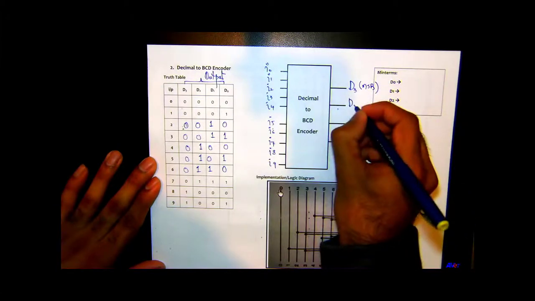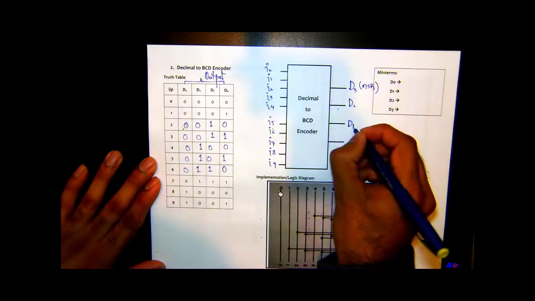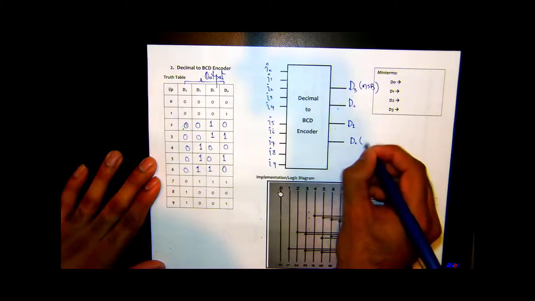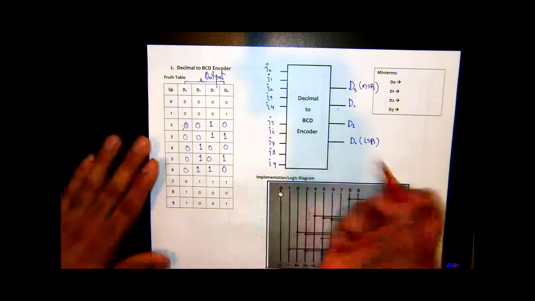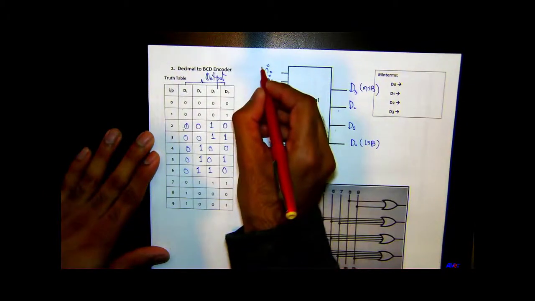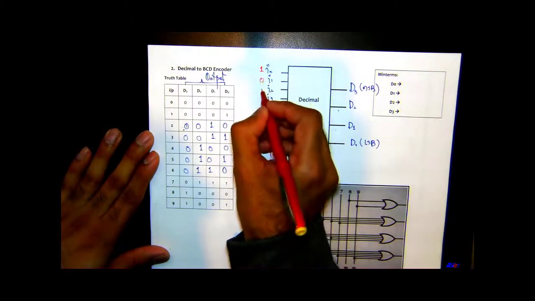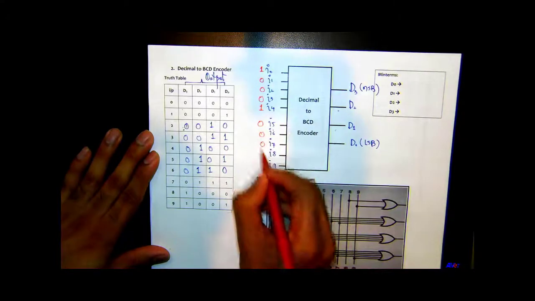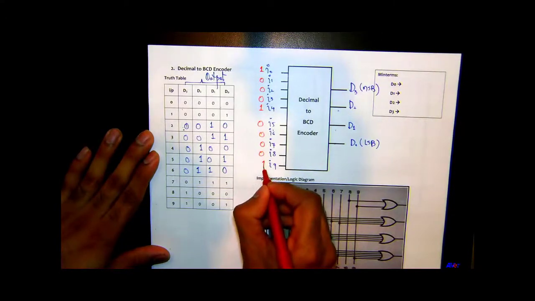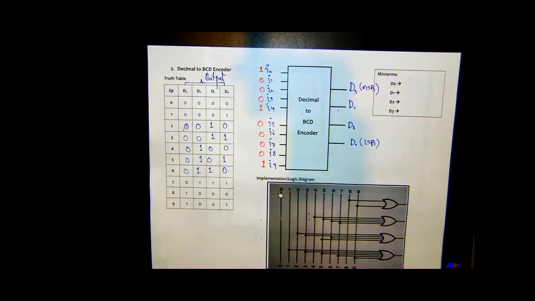I got D2 here, D1 here, and D0 here. This is my least significant bit. Okay, so say I have 1, 0, 0, 0, 1, 0, 0, 0, 0, 1. What should be at the output here?